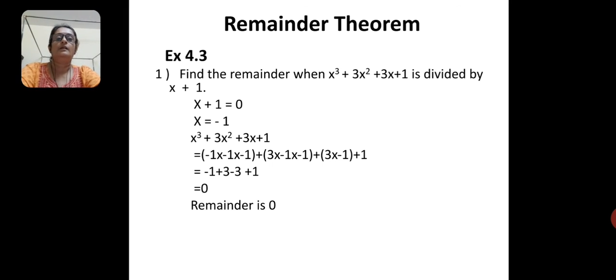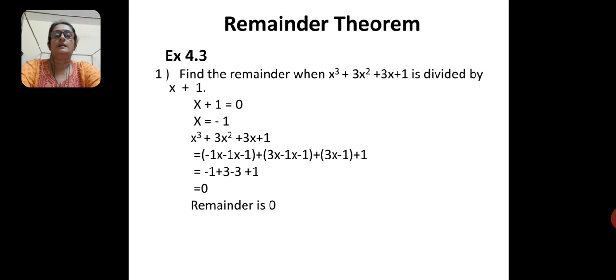Next, using the remainder theorem, you have to find out the remainder. Usually to find the remainder, we do the division. If you do the regular division or long division method, you will get the remainder of that particular division. But here, without doing the long division, we are going to find out the remainder.